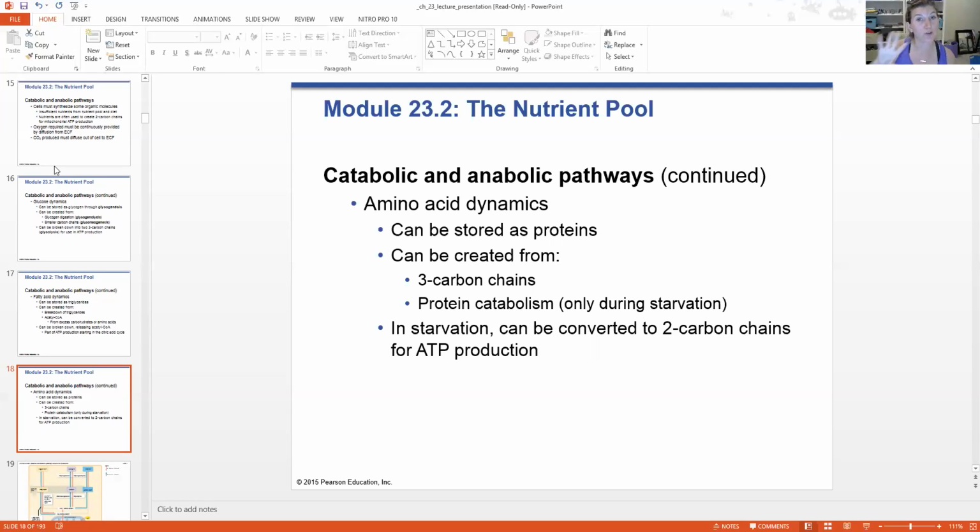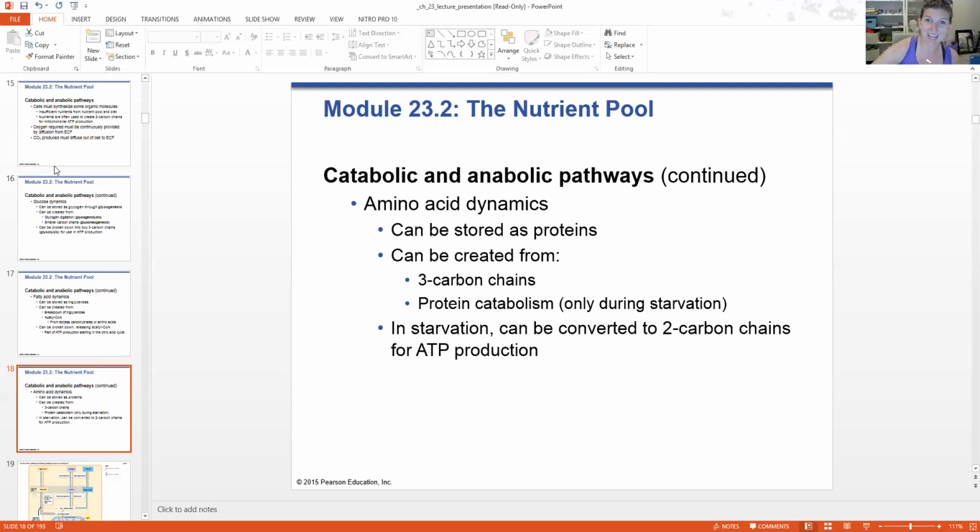So our body prefers not to break down proteins unless it has to. So when your body gets to a starvation state, where it is breaking down protein, your ammonia levels are going to increase, which can lower the pH of your blood, causing something called ketoacidosis. It's very dangerous. We'll talk about that more as we go.